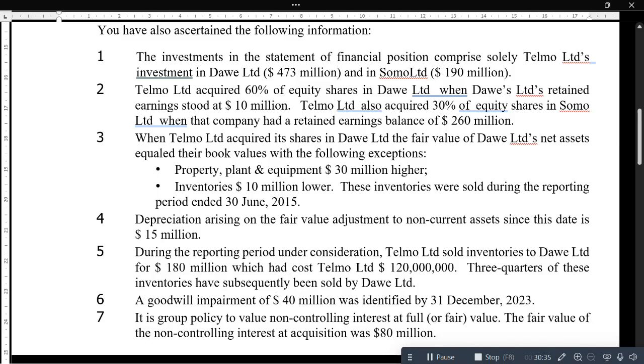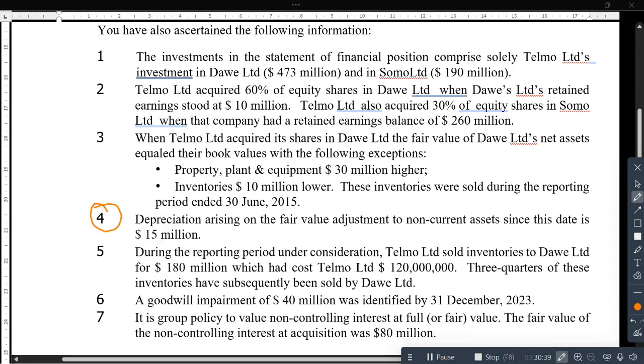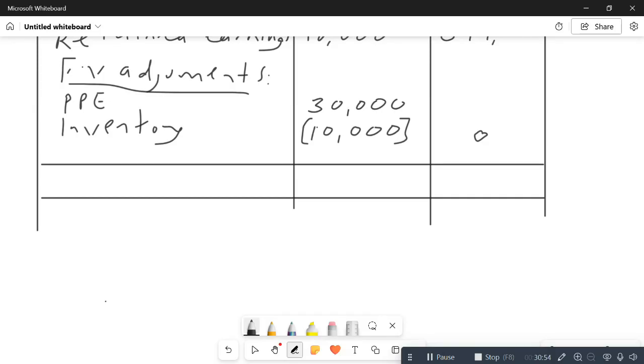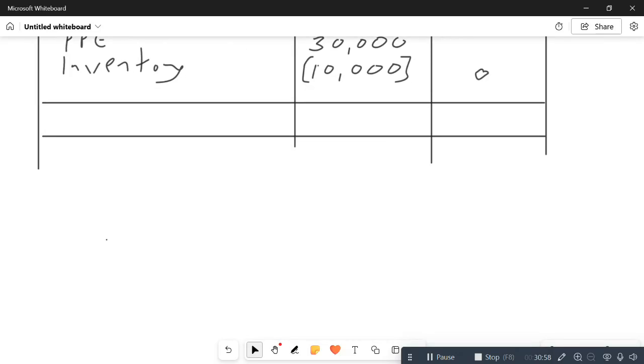Look at note 4. When you look at your note 4, depreciation arising on fair value adjustment to non-current asset, that is our PPE, since this date was 15 million, meaning they had even depreciation of 15 million. It's very simple. So here we can do simple working, and we get our cost for PPE.